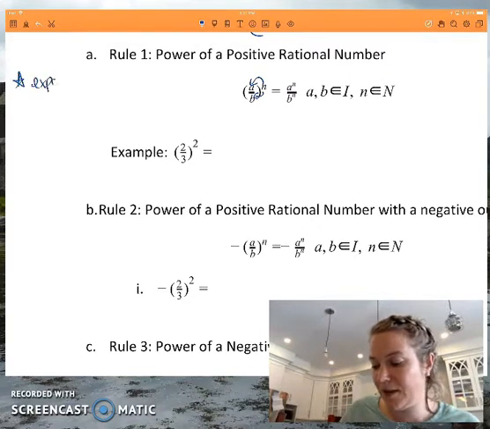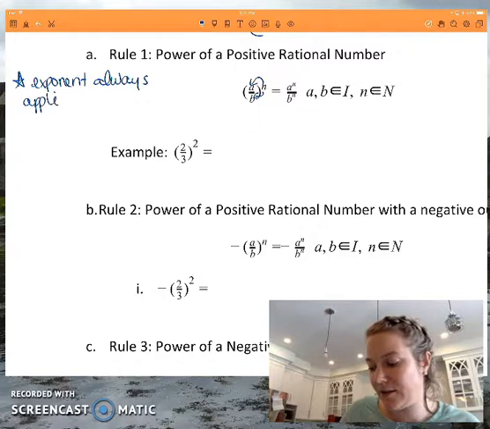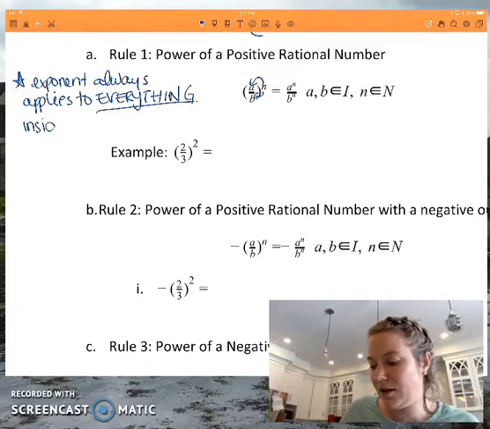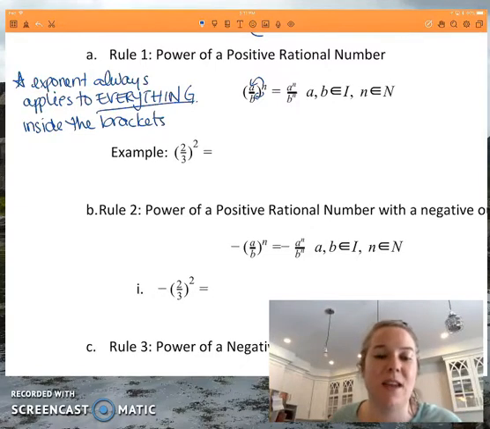The exponent always applies to EVERYTHING inside the brackets. I'm putting that in caps because it's important. Okay, so let's look at that example.